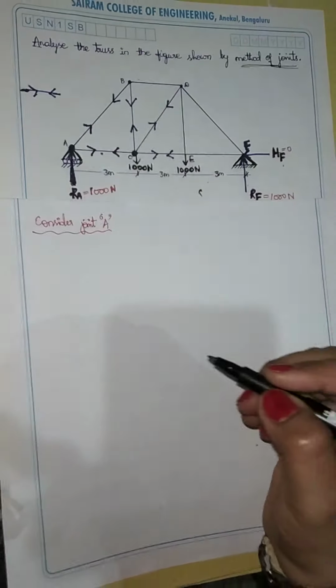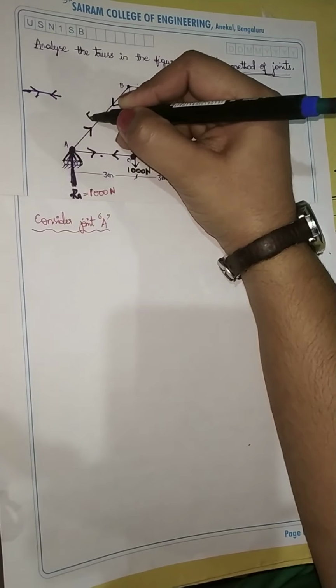Okay, now we will give names to these forces. First, in member AB, that is force FAB. I'll change the color. Here FBC, FAC, FCE, FCD, FDE.